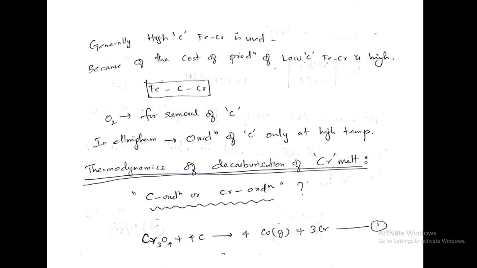If chromium carbide forms, there is no free chromium for corrosion resistance. To have corrosion resistance we should have enough chromium. If the chromium forms any compound, then that chromium will not give its own property for corrosion resistance, right? So carbides are formed if there is carbon.